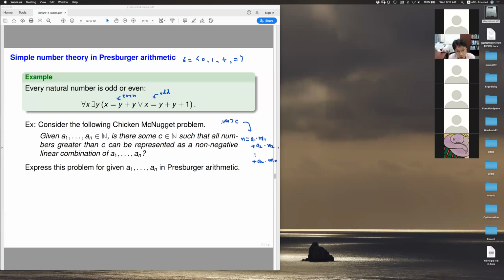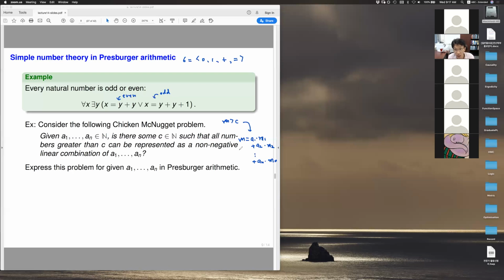So for any M greater than C, is it possible to come up with m1 up to mn, all non-negative, such that if we multiply m1 with a1, m2 with a2, and so on, and add all these numbers together, we get M? So the question is, for every M, can we find m1 to mn such that this equality is true? That's the chicken McNugget problem.